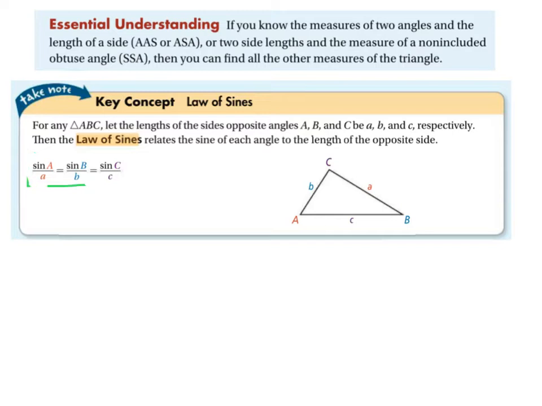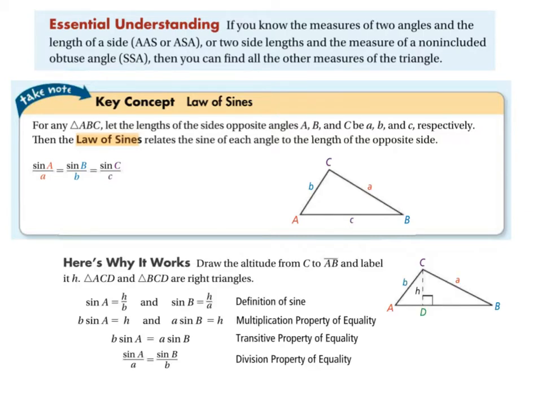Now, the question is, why does it work? Here's why it works. If you were to draw this altitude and just follow the math here, it's pretty straightforward. If you draw this altitude down and call it h, there's this vertex now, d, and you form two right triangles.